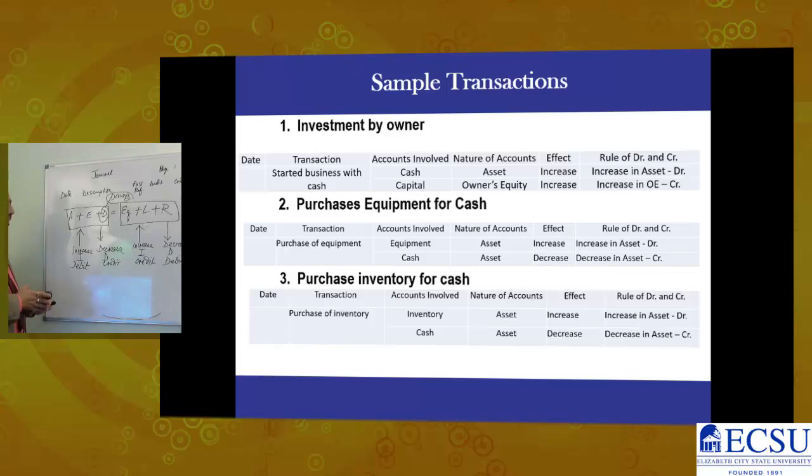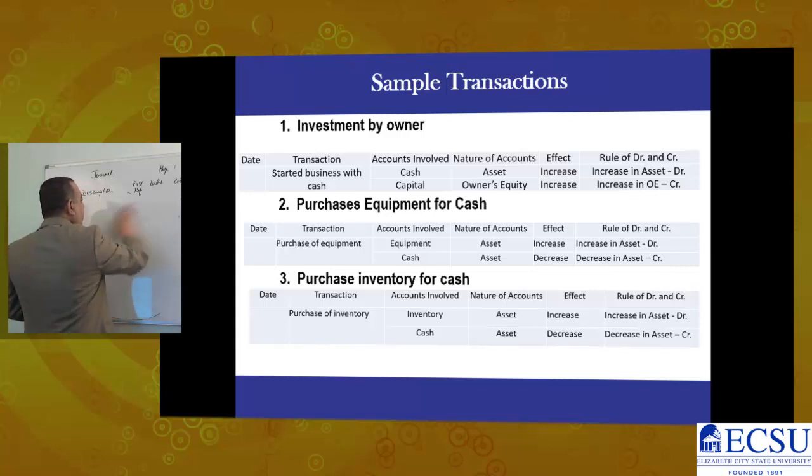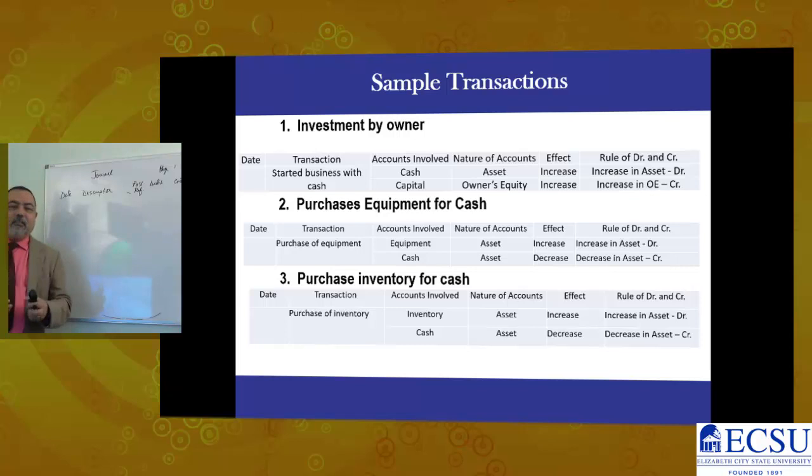Now, let's take the sample transactions that are given to you and implement the rule of debit and credit. It says investment by owner. Number one, the transaction is that the owner started business with cash. First, you have to understand that cash is involved.